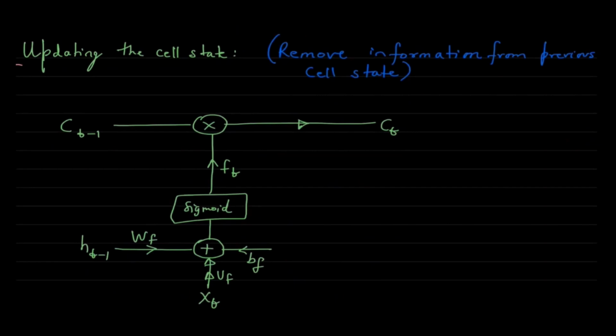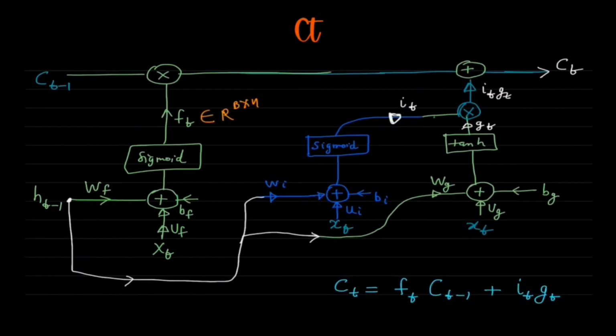The next step is removing information from the previous cell state. The last one is to calculate C_t. C_t is equal to f_t times C_(t-1) plus i_t times g_t, and this is the formula of C_t.